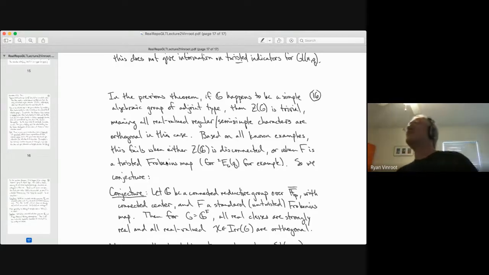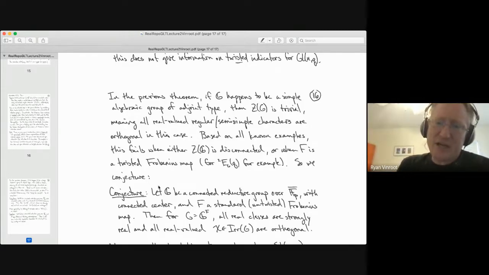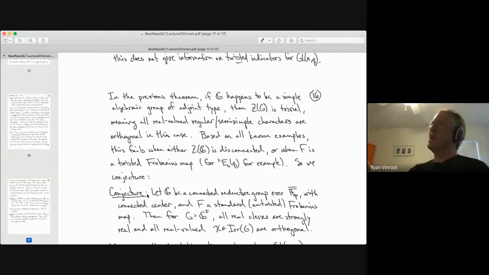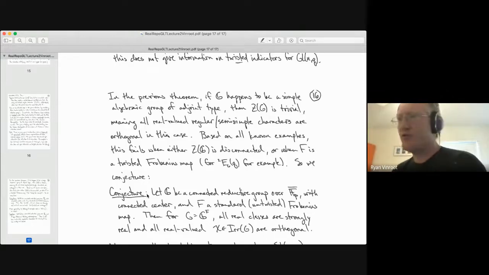But then there is a whole structural question about, if you have a connected reductive group with connected center, how is this related geometrically to the underlying simple factors of adjoint type? There's something called the adjoint projection map on algebraic groups, and I'm trying to understand how the Frobenius-Schur indicator carries through that map.